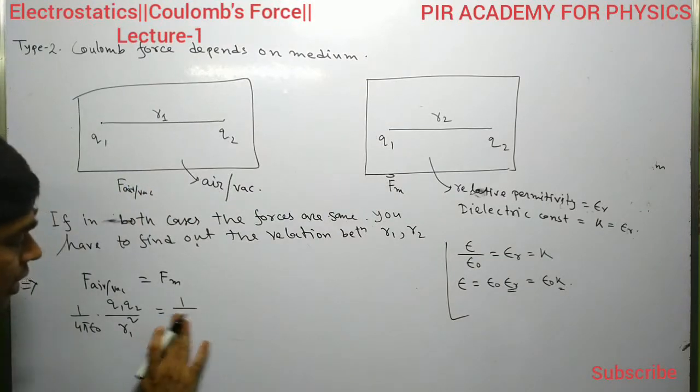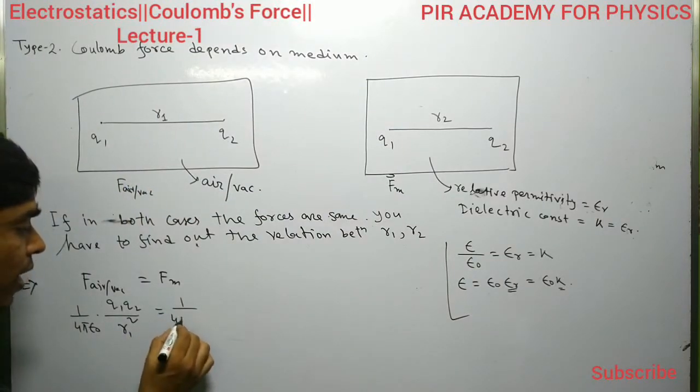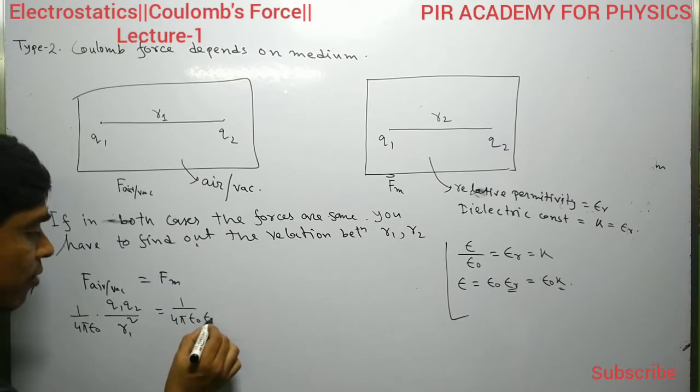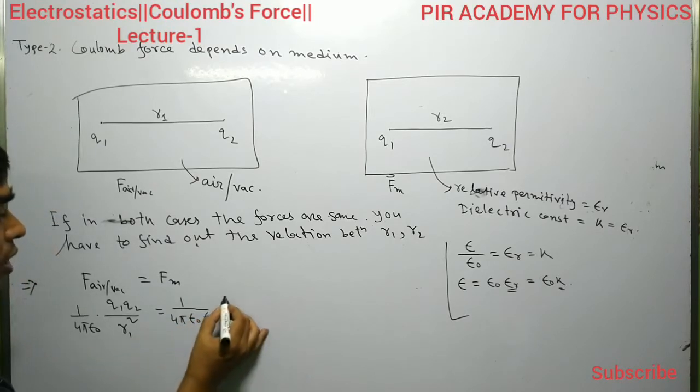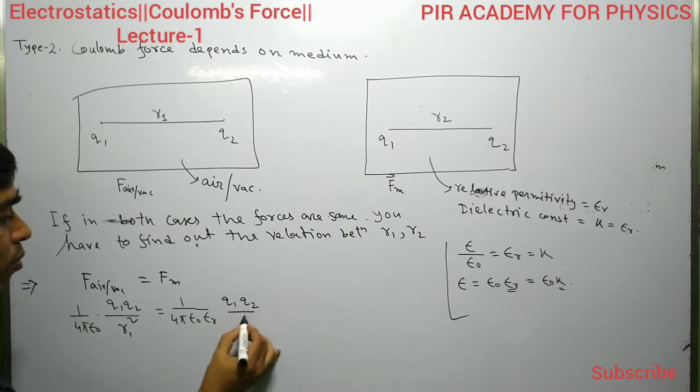So it can be written as 1 by 4 pi epsilon naught epsilon r into q1 q2 by r2 square.